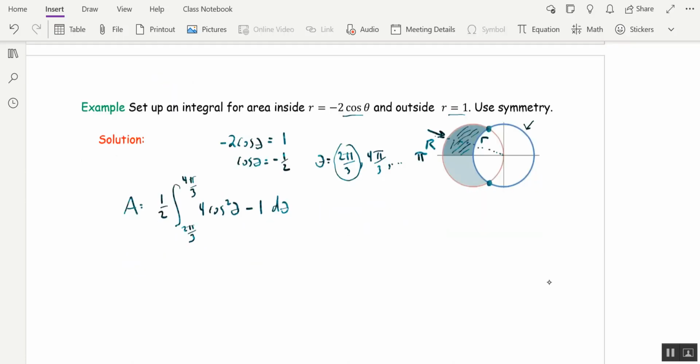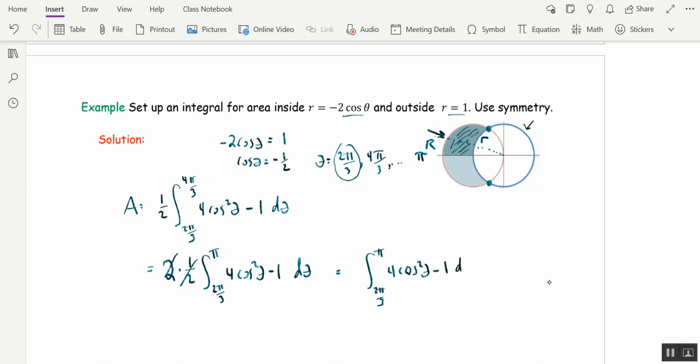Now I'm going to use symmetry, so now I'm going to take 2, multiply by 1/2, and just go half the way around. 2 pi over 3 to pi, same expression. And so these will cancel, and I'll just get 2 pi over 3 to pi, 4 cosine squared theta minus 1 d theta. And again, not a hard integral to evaluate. Most of the challenge here is in the setup. All right, and that is the end of this section.